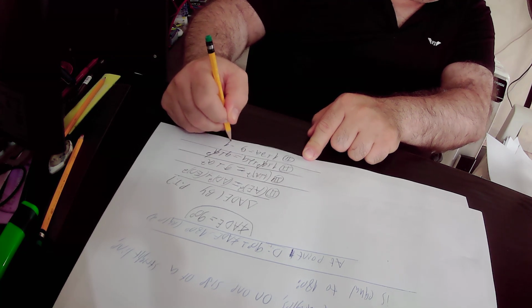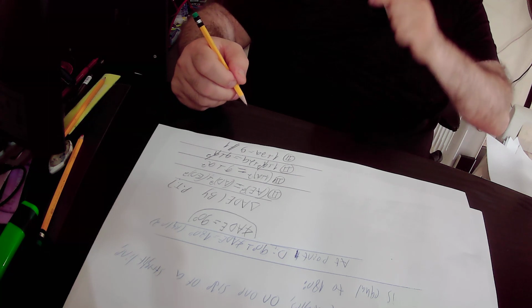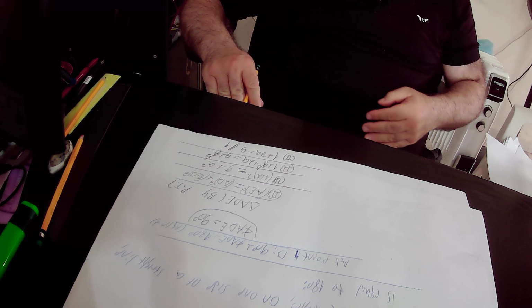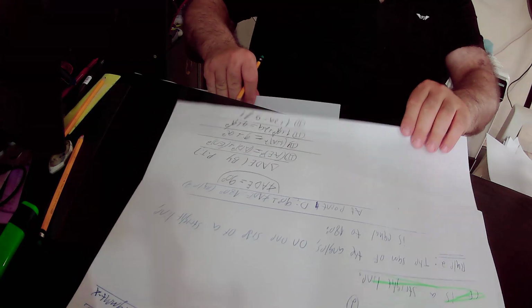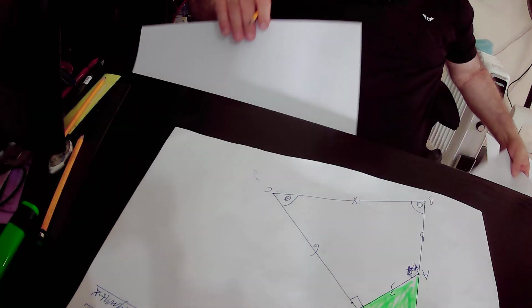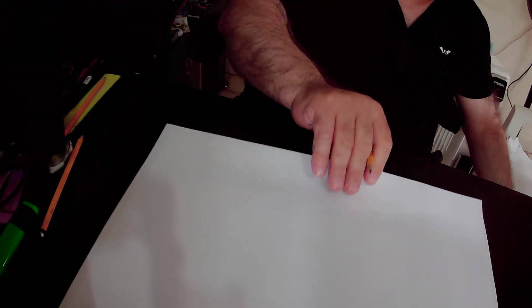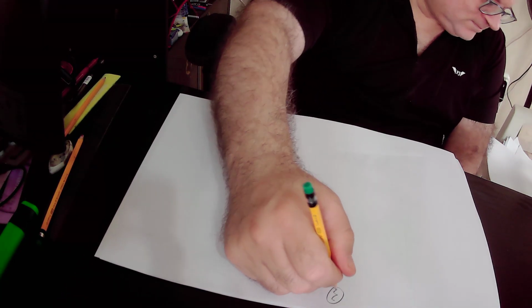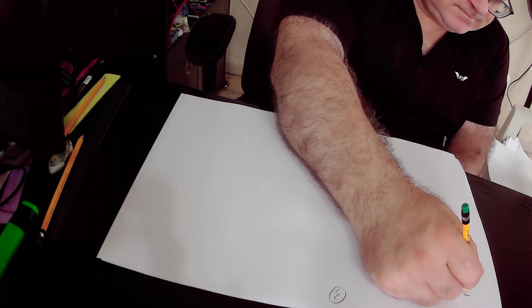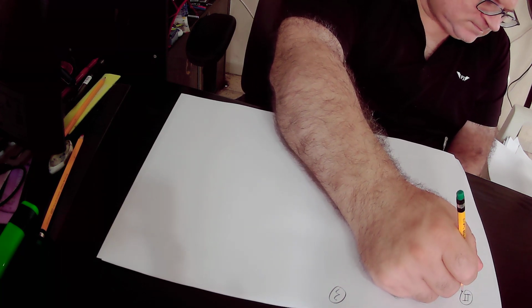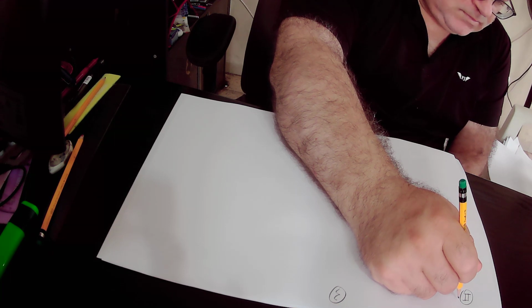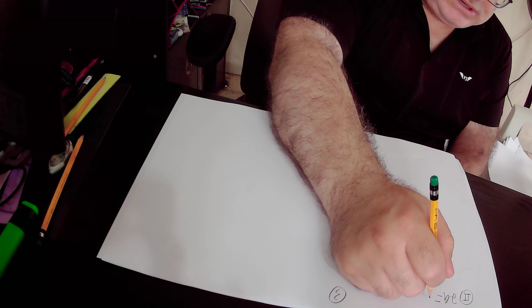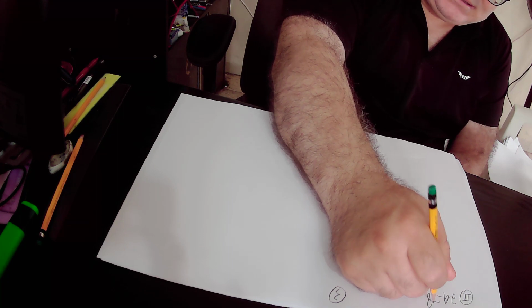Here we will subtract 1 from equation number 2, and we get that 2A equals 9 minus 1, that is 8.